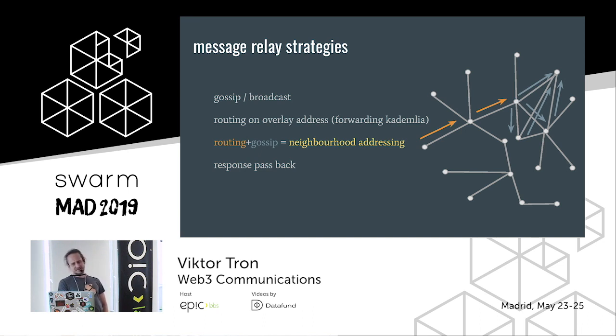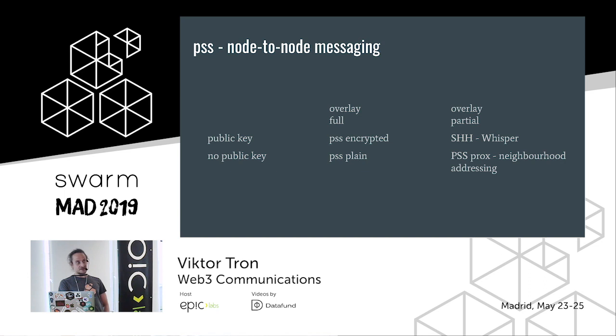And there's yet another modality, when you do message passing with forwarding Kademlia hops, then on each hop the nodes open a little ticket, so that they remember that something went through them, and they pass back the response. So basically we can define round trips with this forwarding Kademlia. It's also going to be very important later. So far so good. We have messaging and routing and neighborhood addressing with forwarding Kademlia.